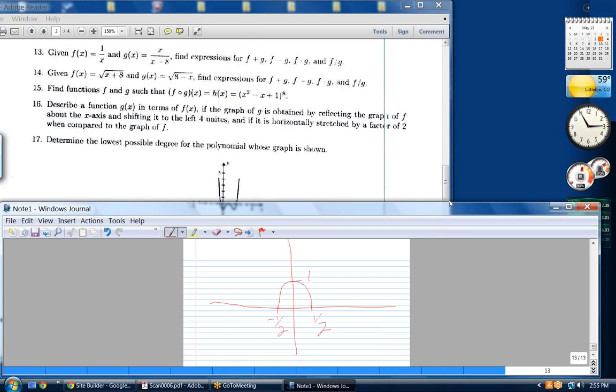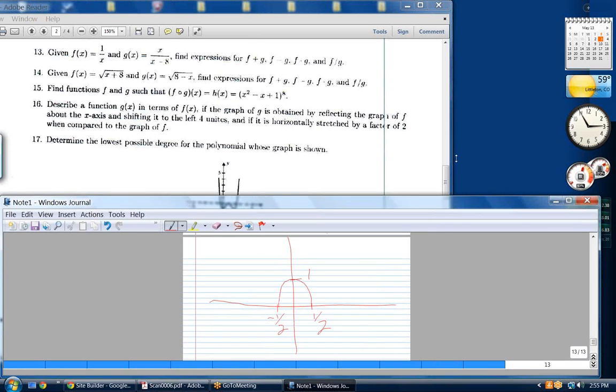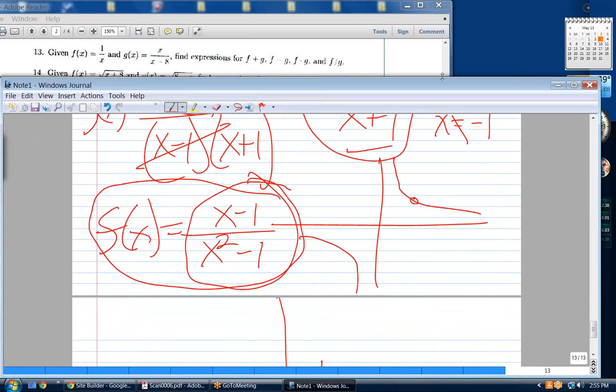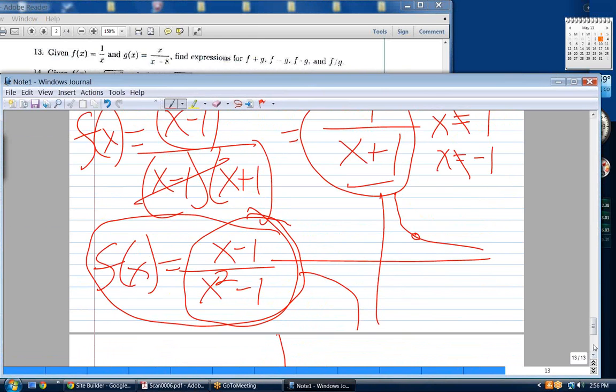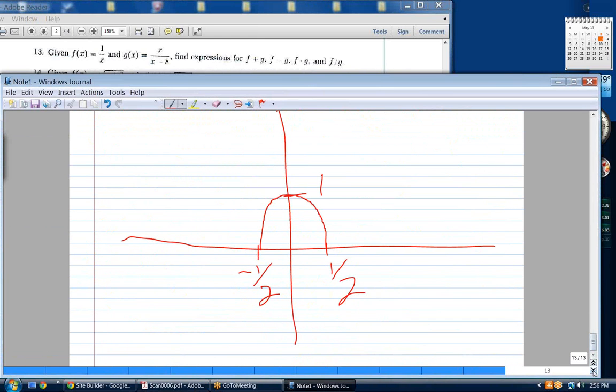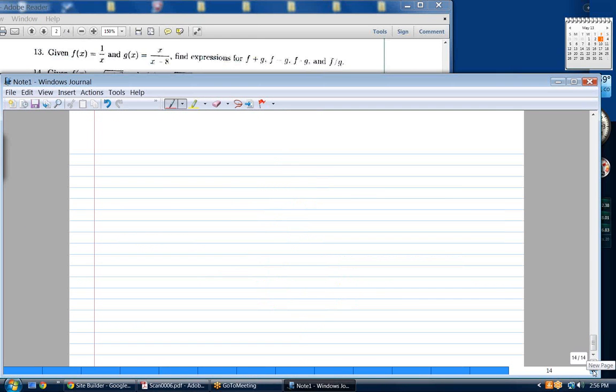One more. Okay, so it looks like f plus g would have to be 1 over x plus x over x minus 8.